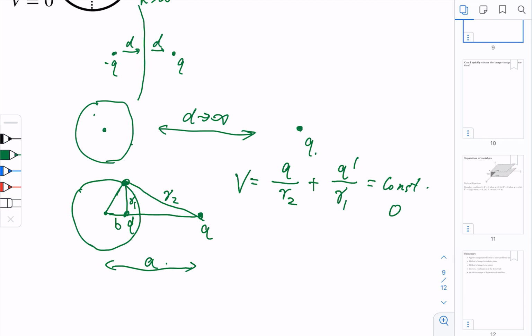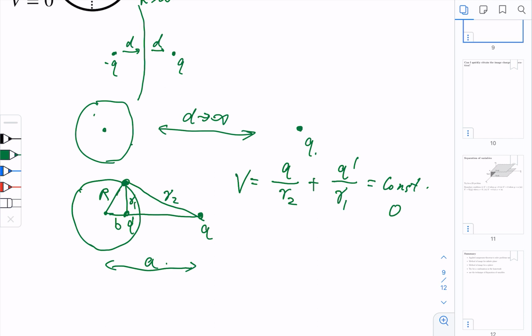So however, this point can change on this entire sphere, and now this means that the curly R1 and curly R2 can change, but because the charge here, Q and Q prime, has to be a fixed number.